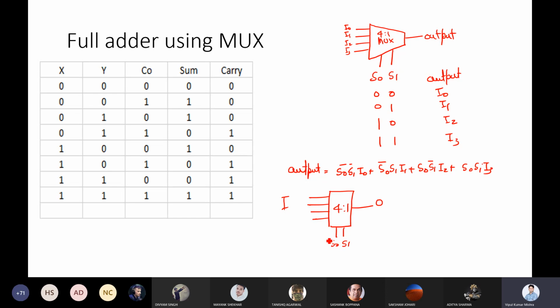Suppose I am putting X and Y into the selection lines. These two will work as a pair, acting as the selection line. So how many choices do we have? First choice 0, 0, second choice 0, 1, third choice 1, 0, and fourth choice 1, 1. Can we have those four choices?